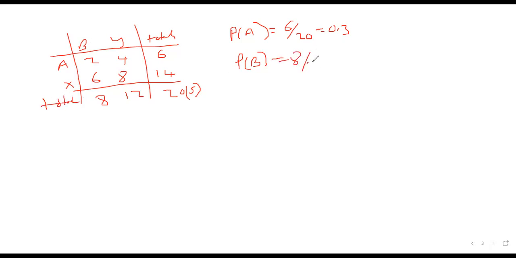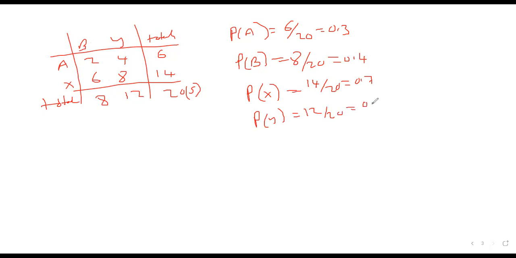So 8 out of the sample space, 20, is 0.4. For X, 14 out of 20, 0.7. For Y, you go where the Y is, 12 out of the 20, which is 0.6.